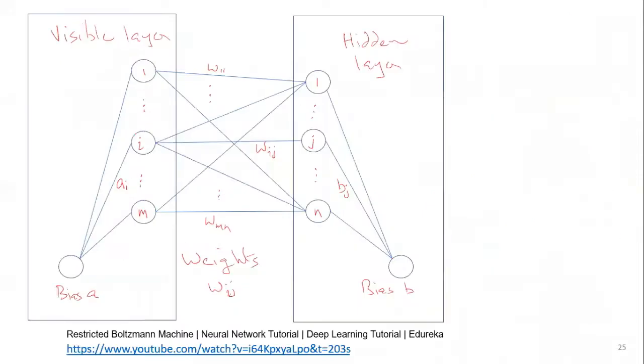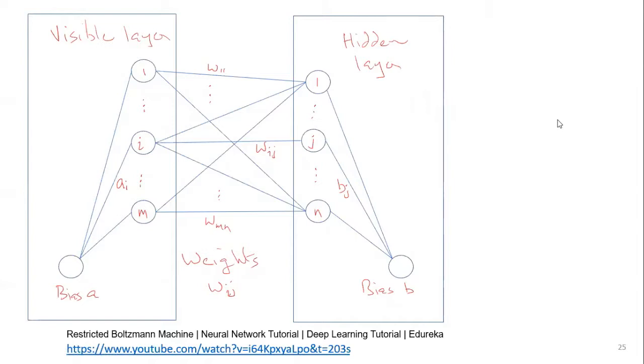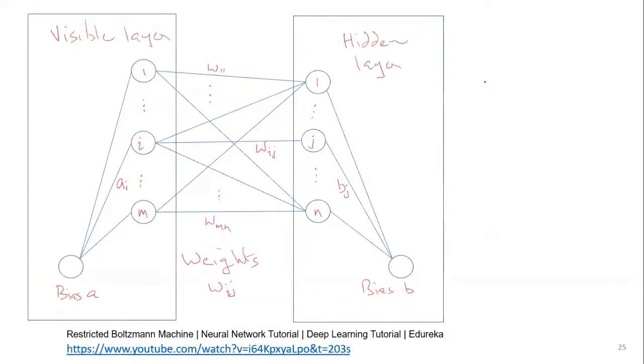Now let's take a look at RBMs. So RBM is reasonably similar to autoencoders. And the simplest case of the RBM basically has 2 layers, okay? You can think of this as a 2-layered neural network.